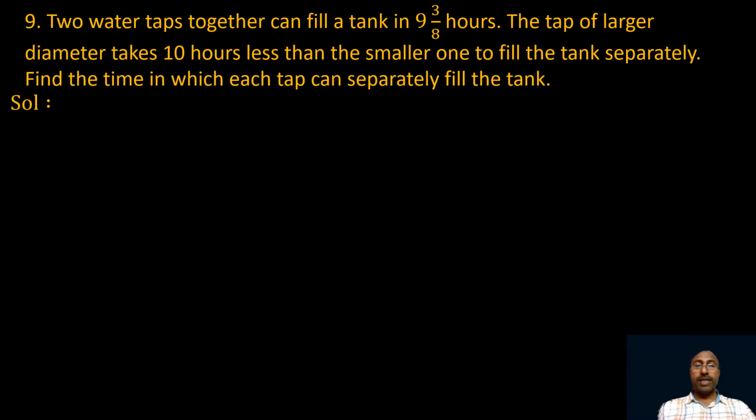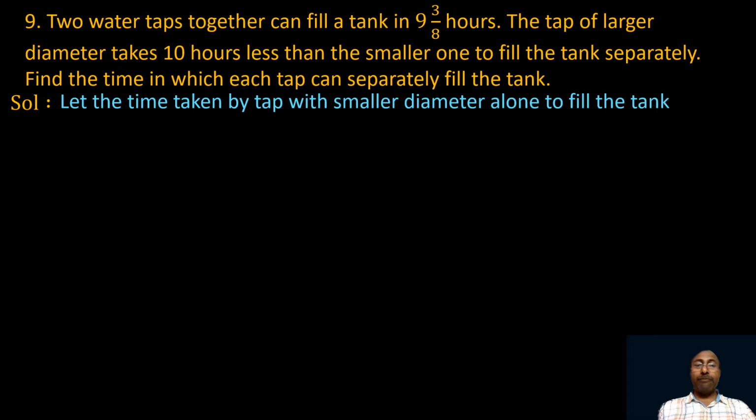Okay students, so let the time taken by the tap with smaller diameter alone to fill the tank be x hours. The time taken by the tap of larger diameter is 10 hours less than the smaller one.